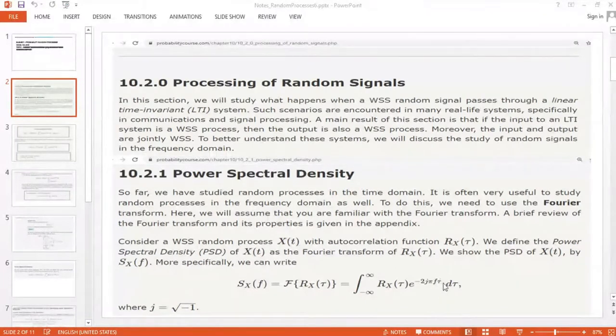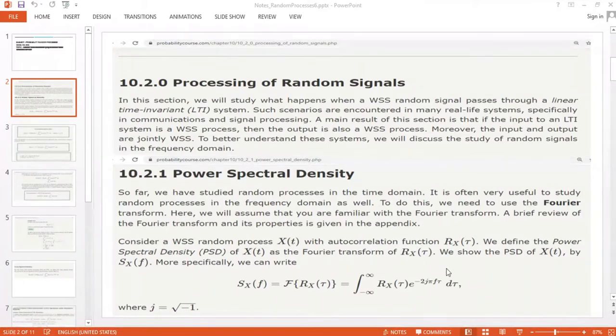Tau is the time domain, and we are integrating with respect to tau. After substituting the limits, we get only a function of f. Here j is imaginary, square root of minus 1. You can say either i or j.